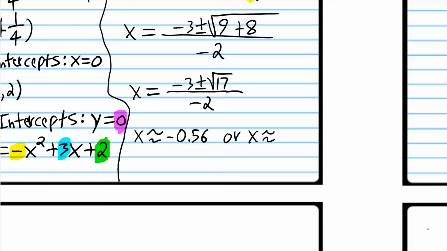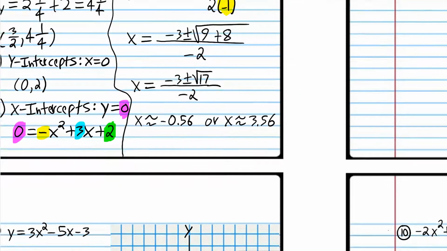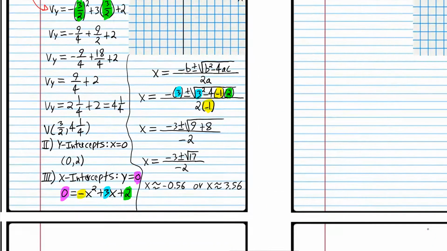This is all for an iPhone. It's different if you're using an Android. So we have 3.56. And so those are the x-intercepts.